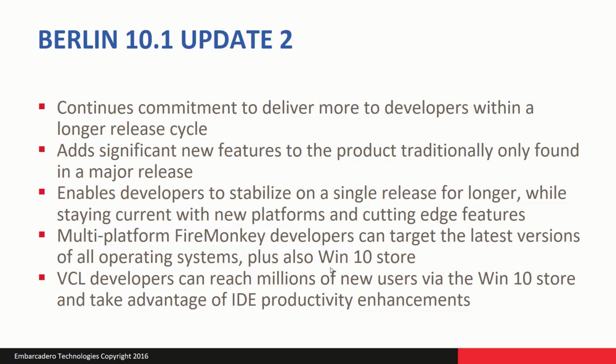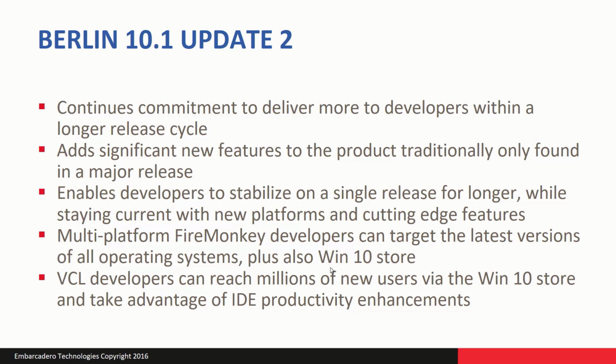This is going to add significantly new features to the product that we've normally only done in those major releases, but it breaks it down into smaller chunks, allows us to release things at more frequent but smaller scale, and allows us to still do major releases on a yearly basis.